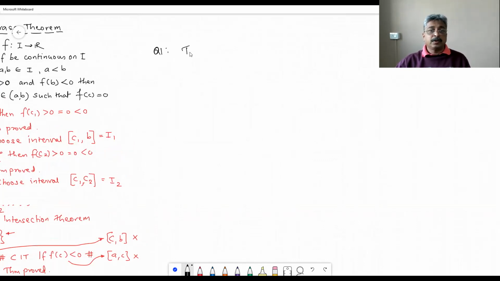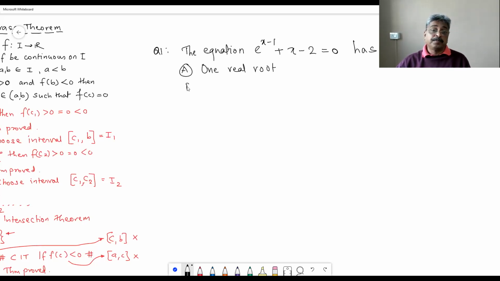The equation e raised to x minus 1 plus x minus 2 is equal to 0 has: 1. one real root, 2. two, 3. three, 4. four.